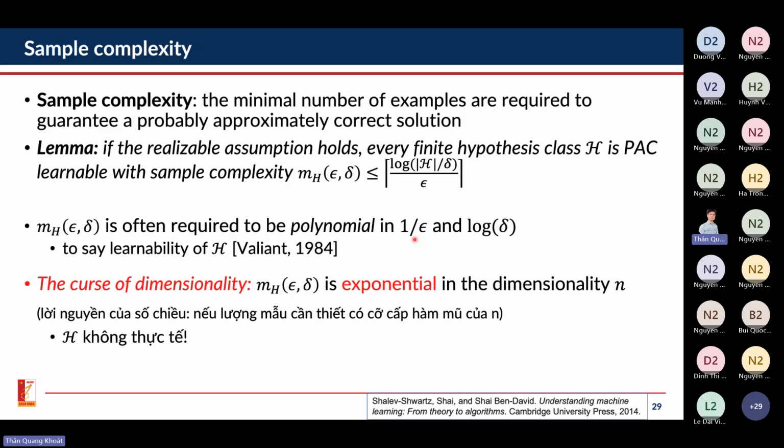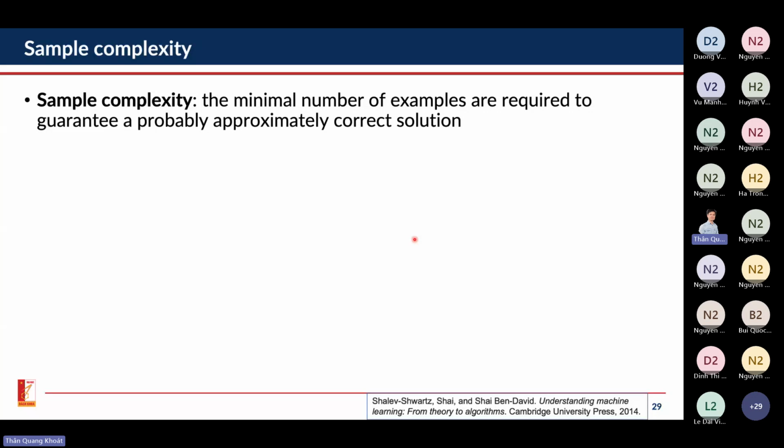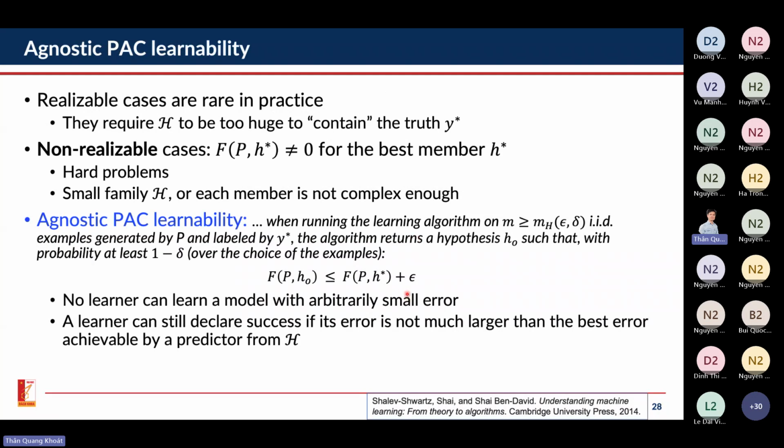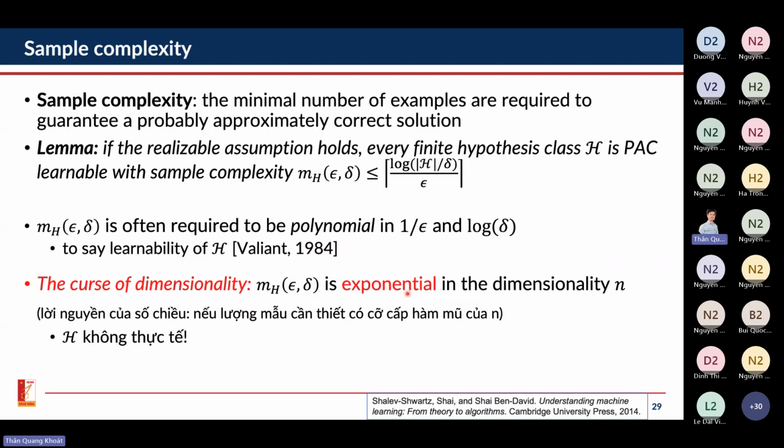We can see from before that in this case we will require an exponential number of samples in order to assure that we can train a good model. And in that case, your model family can face the curse of dimensionality, and it is very hard to train a good model, right? So that's why in the definition we often require the number of samples to be polynomial in this quantity, right?